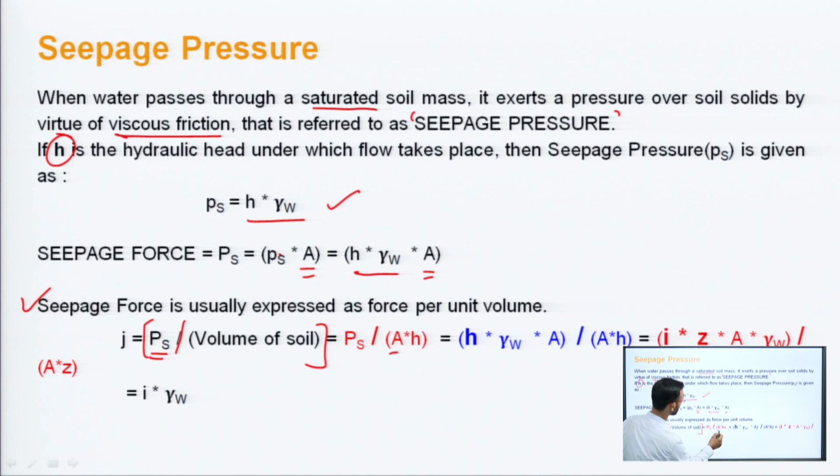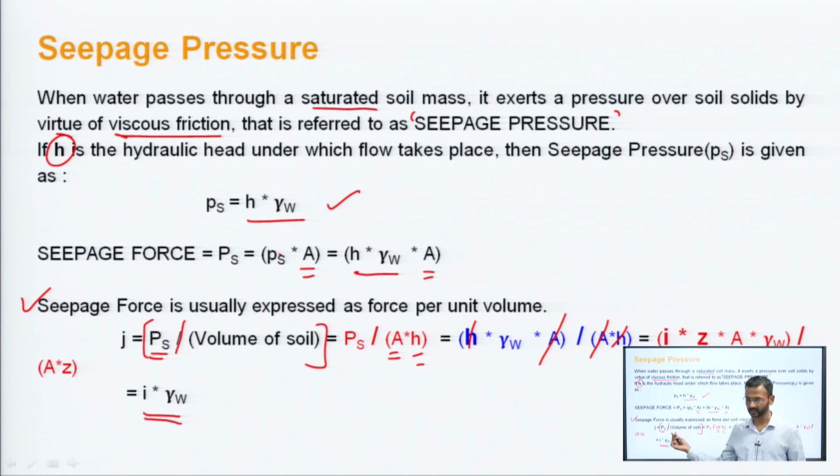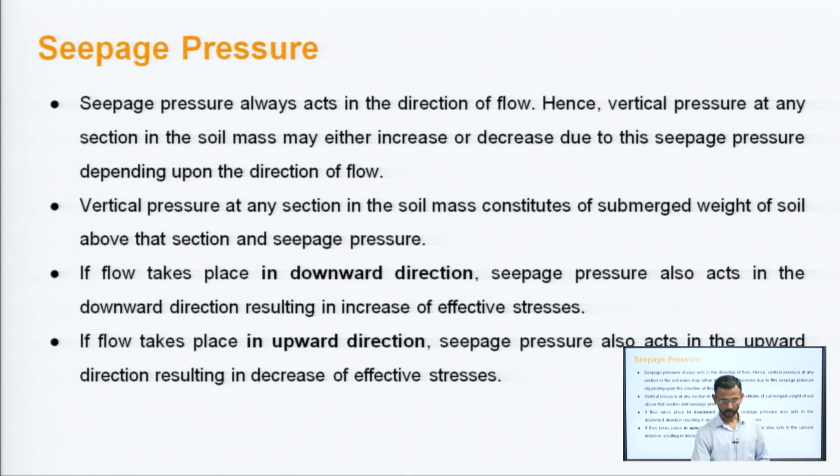Volume is nothing but area into the height or the depth which we consider. So, we put the value of PS, that is H into gamma W into A, over A into H. We cancel out this A value and this H value. So, the value comes out to be i into gamma W, which is practically easier to find out.